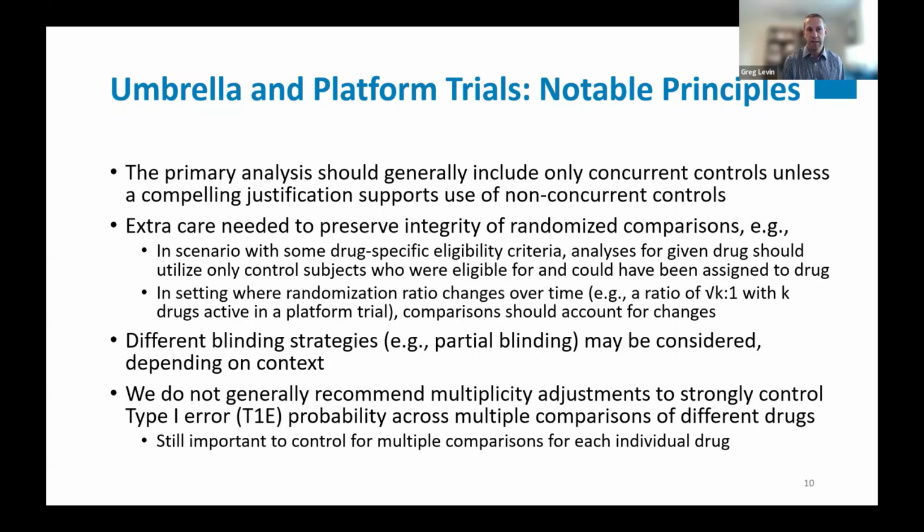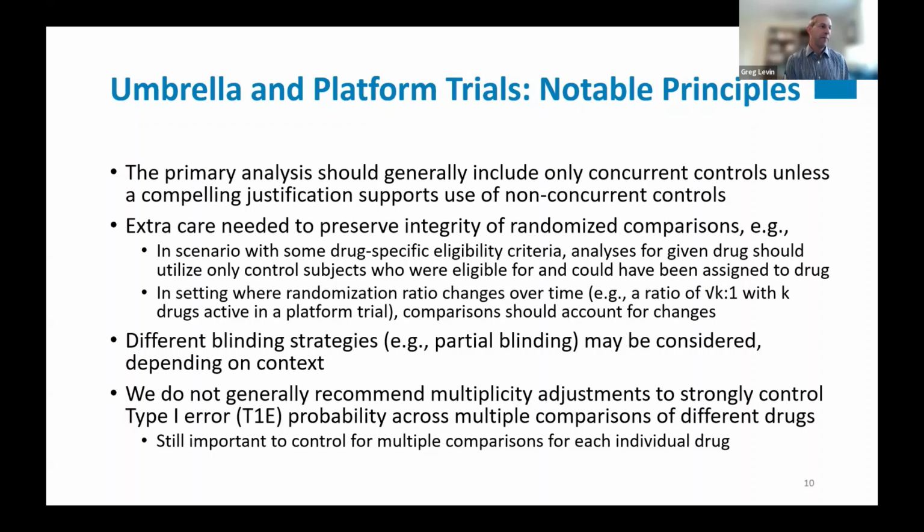It's not a response adaptive or covariate adaptive randomization scheme. It just depends on how many drugs are being evaluated. So you can see something like a ratio of the square root of k to 1, where there are k active drugs in the platform trial. And if this is the case, then the comparisons should account for the change in the randomization ratio over time, for example, with stratification or inverse probability weighting.